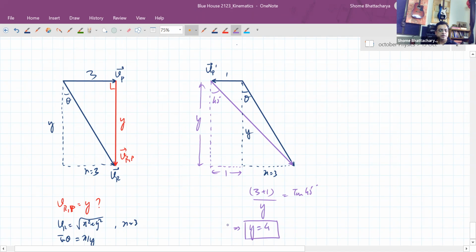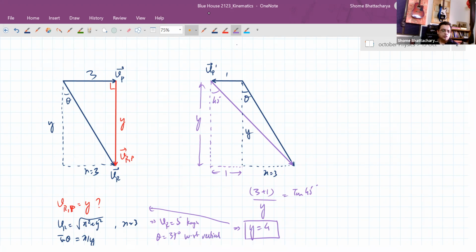So plug that back over here. So you can see that the velocity of the rain is 5 kilometers per hour. And this theta is equal to 37 degrees with respect to vertical. Okay, so hope it is clear.